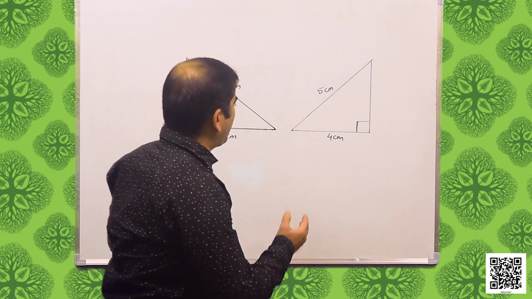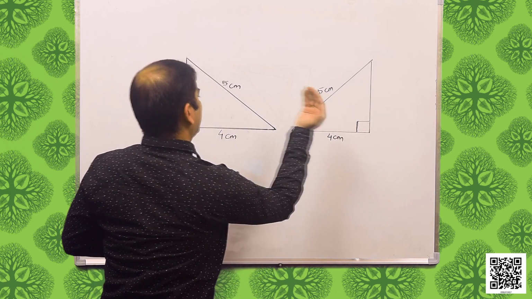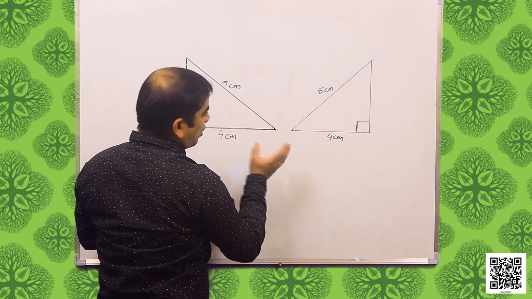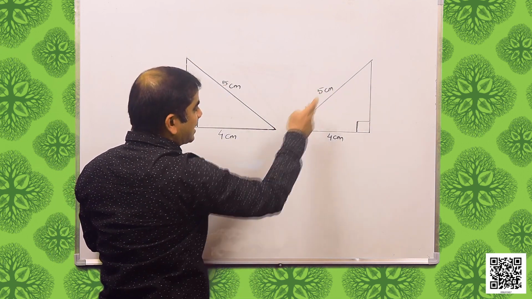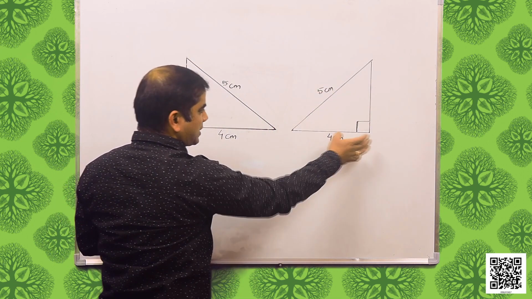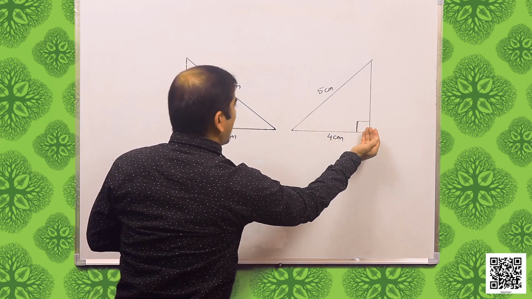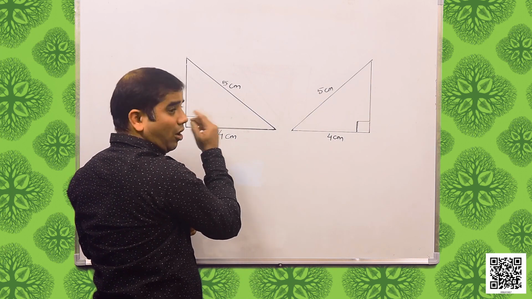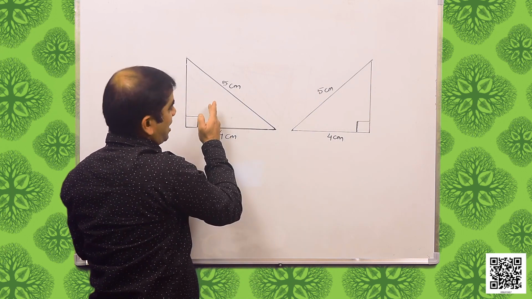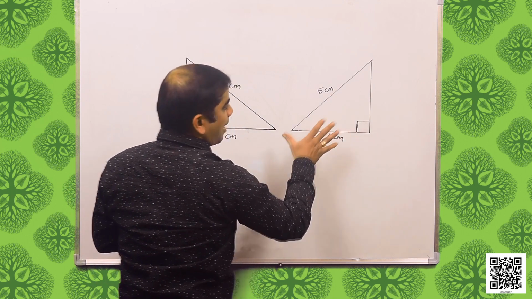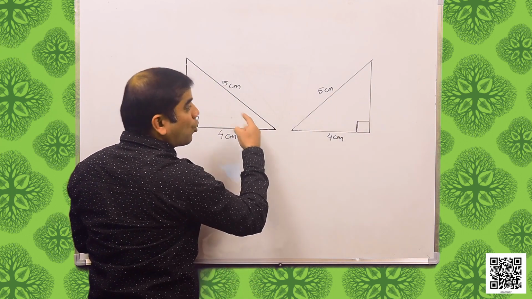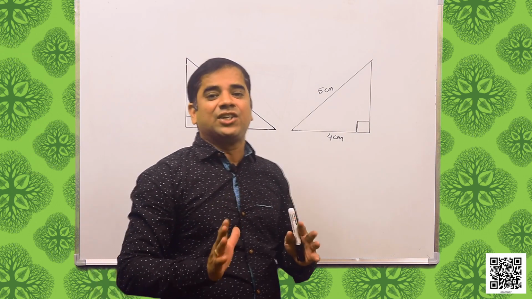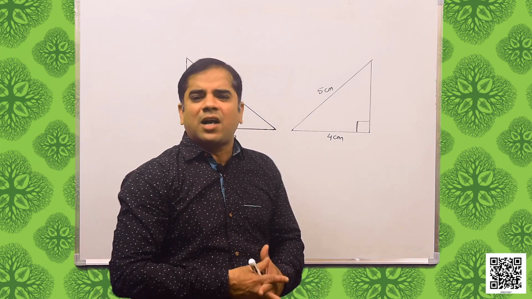If I turn this triangle around like this, as the hypotenuse is of the same length and the base is of the same length, it will coincide with the other triangle. The two triangles cover each other completely and so they are congruent.